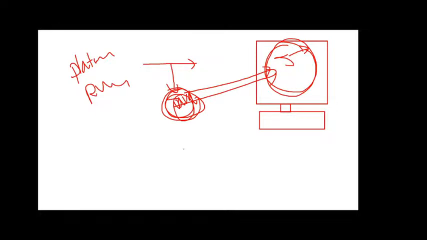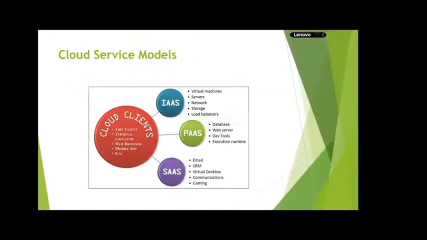Clear? Next, the next thing is SaaS. In our day-to-day activities which we perform in the organization, we are already using software as a service. Could you please tell me the best example for software as a service? Anyone?